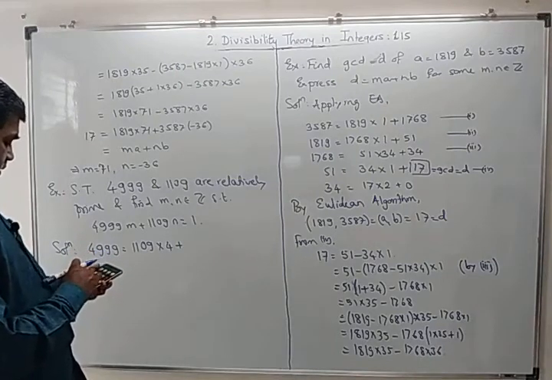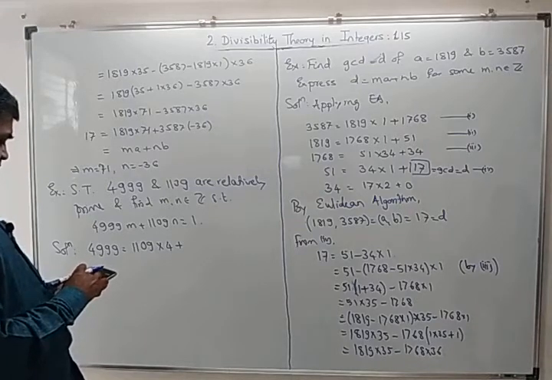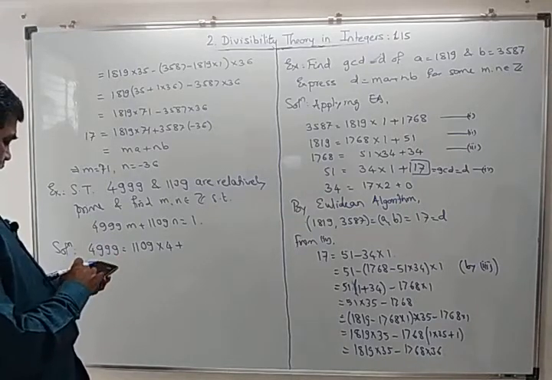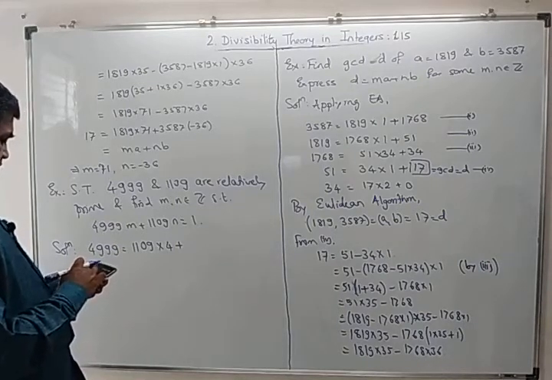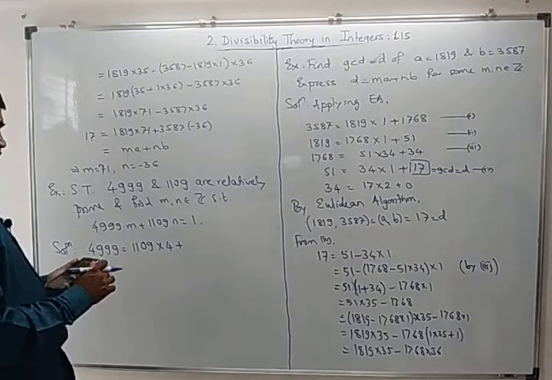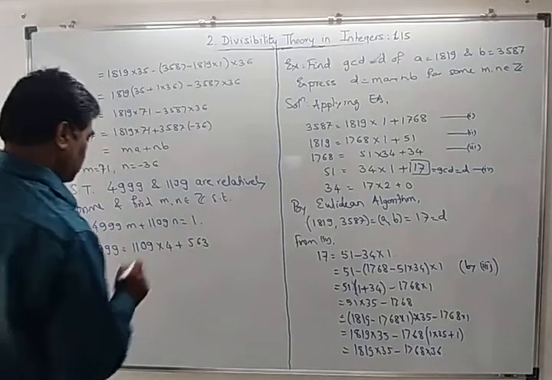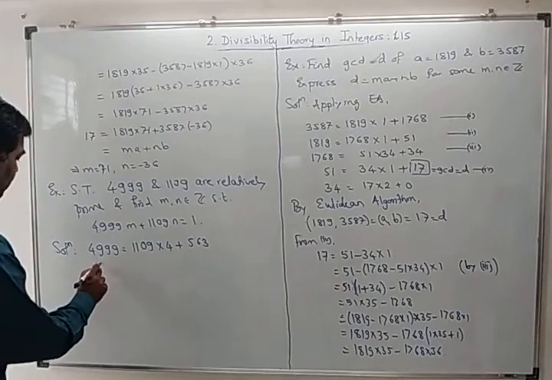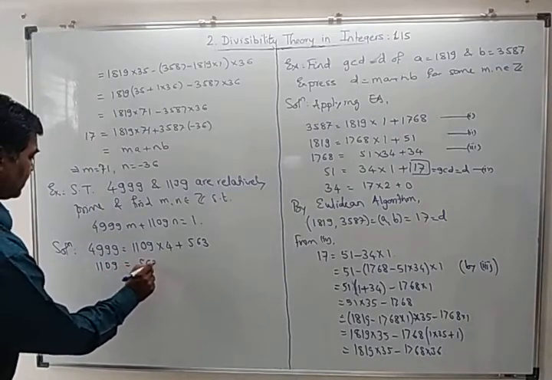Right. So 4999 minus 4436, we are getting 563. Then 1109 is equal to 563.